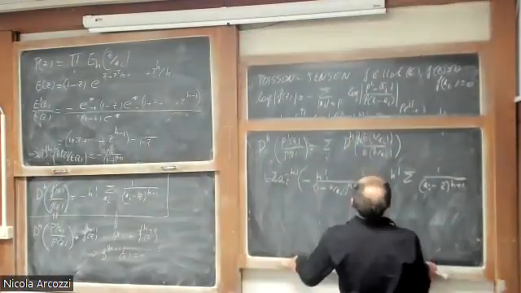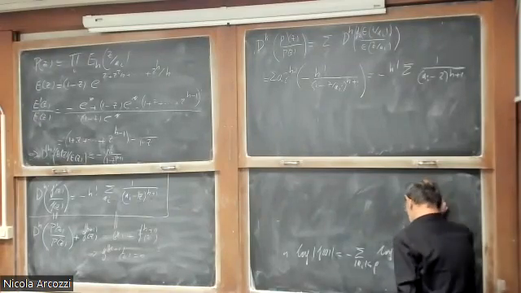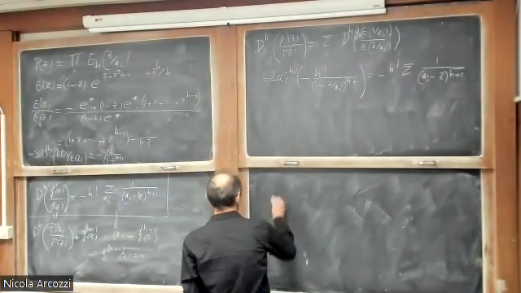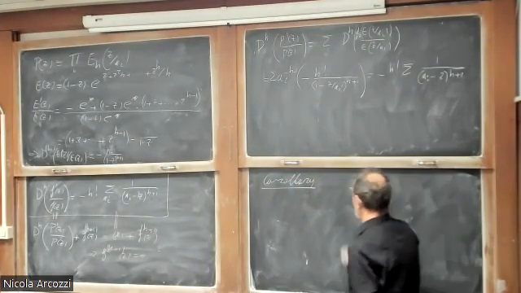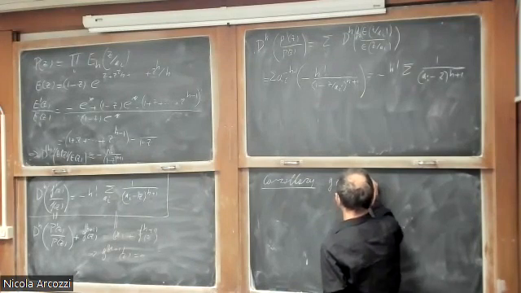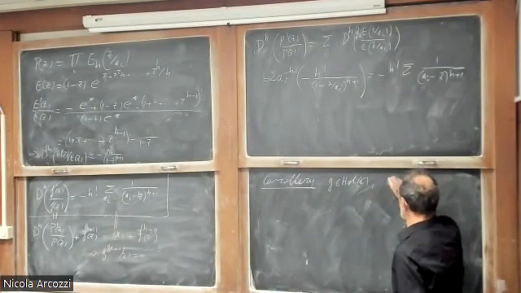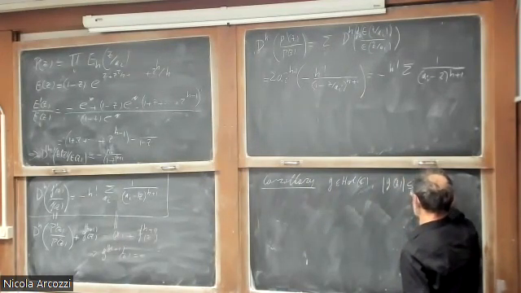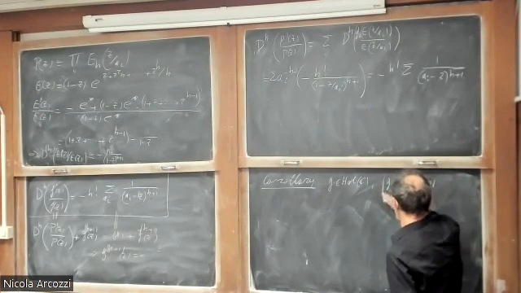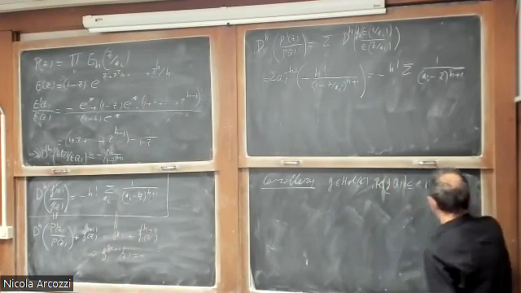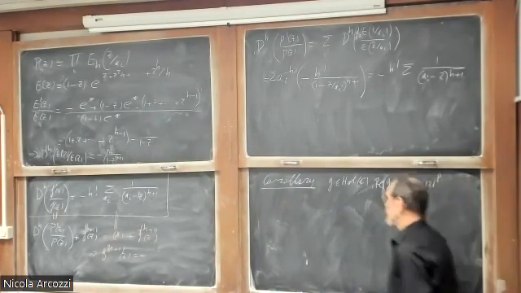Okay, now something I had left with this one was to show the corollary: if G is entire, and if the real part of G of z is less or equal than a constant times mod of z to some power, then G is a polynomial.